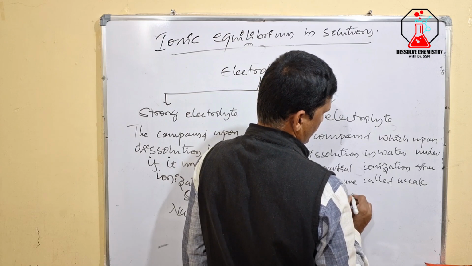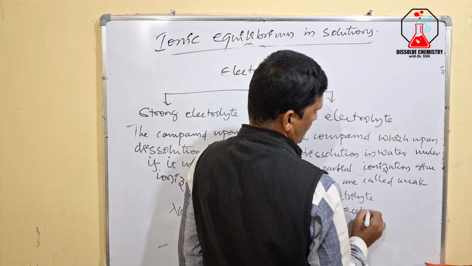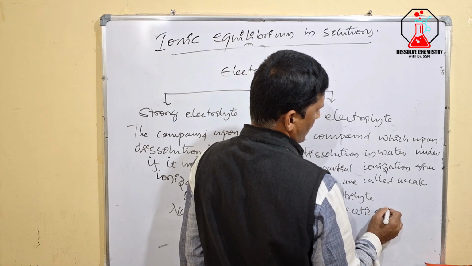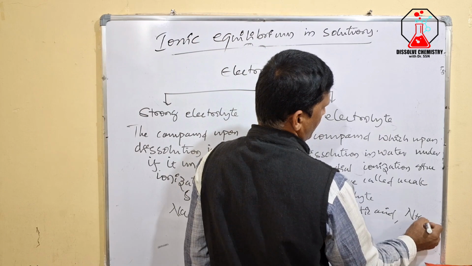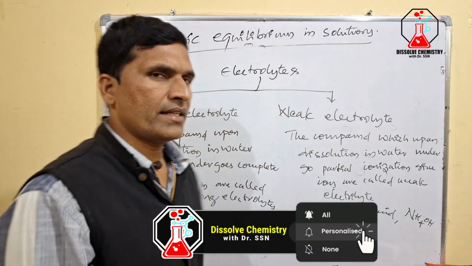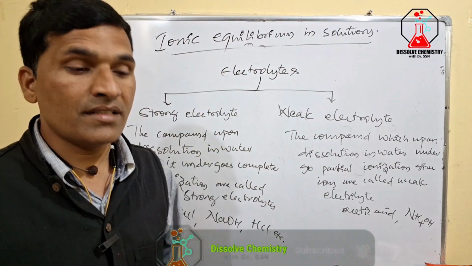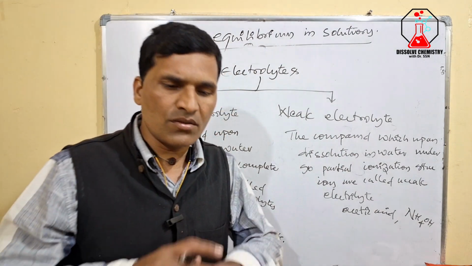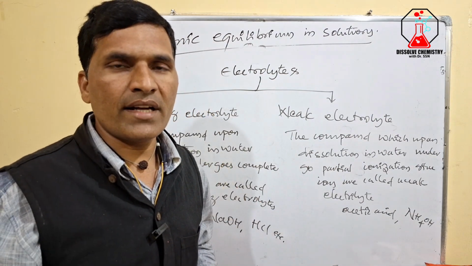Examples are acetic acid, all organic acids you can consider, or ammonium hydroxide, a weak base. These are all examples of weak electrolytes. The interesting thing is that weak electrolytes undergo partial dissociation, meaning no complete dissociation as we see with strong electrolytes.